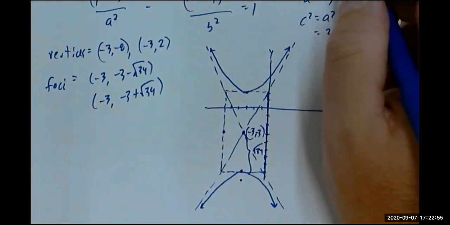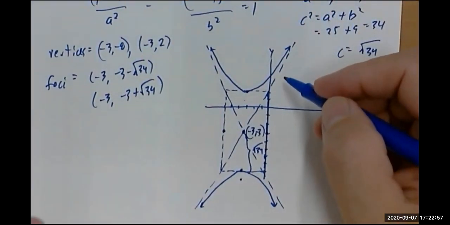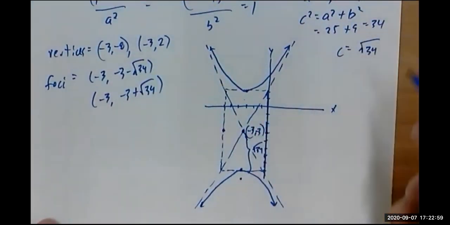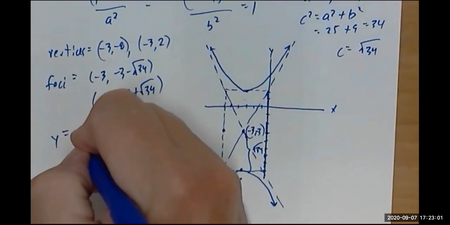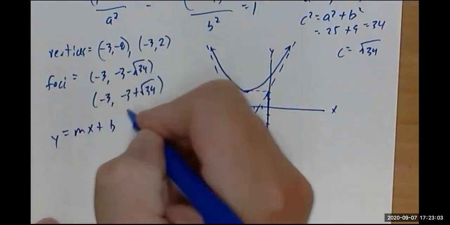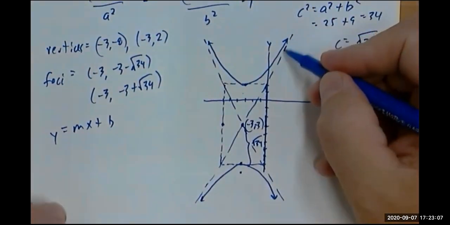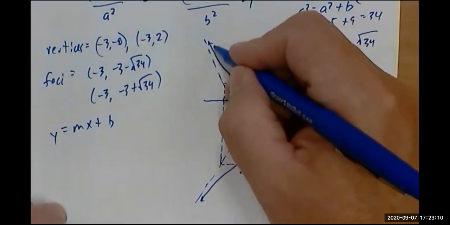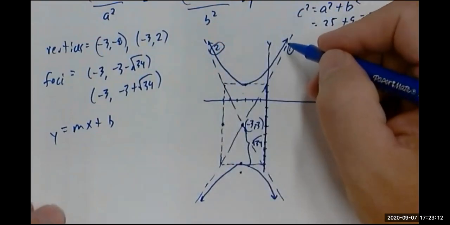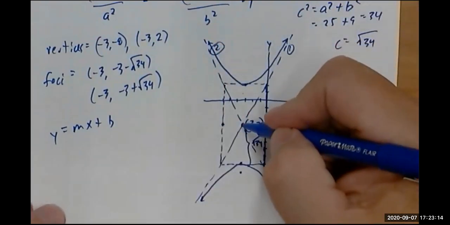Now the asymptotes are a little tricky because since I'm not at the center, I'm going to have a y-intercept. Here's the way I'm going to do this. This is line 1 and line 2. I can figure out the slope, right?